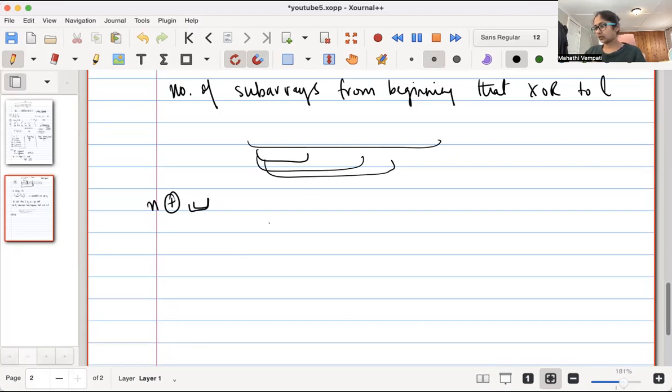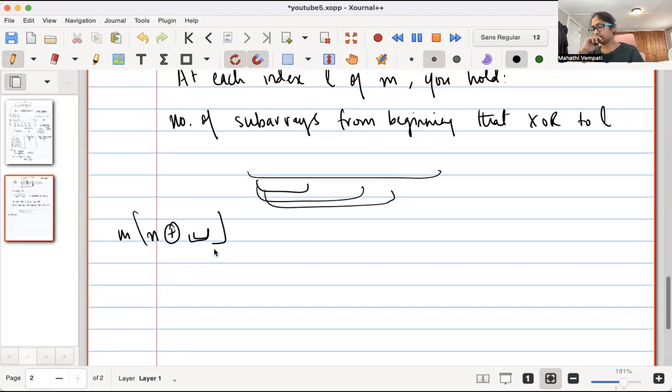M of n XOR that value. Because, interesting.